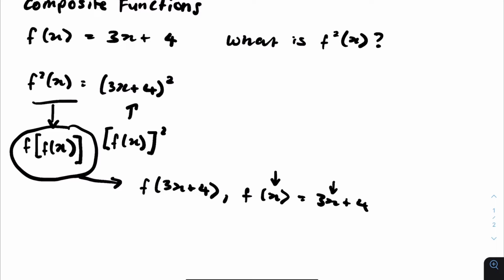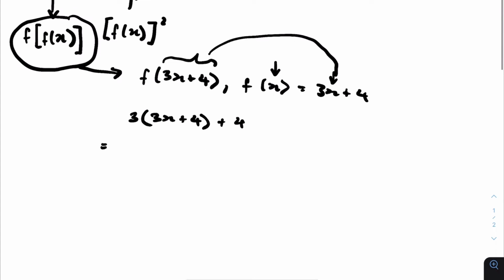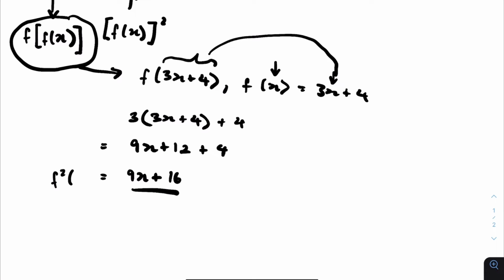So if the thing in the bracket is 3x plus 4, you substitute 3x plus 4 into the value of x over here. So we would get 3 times (3x plus 4) plus 4, which is equal to 9x plus 12 plus 4, which is equal to 9x plus 16. So f squared x is equal to 9x plus 16.